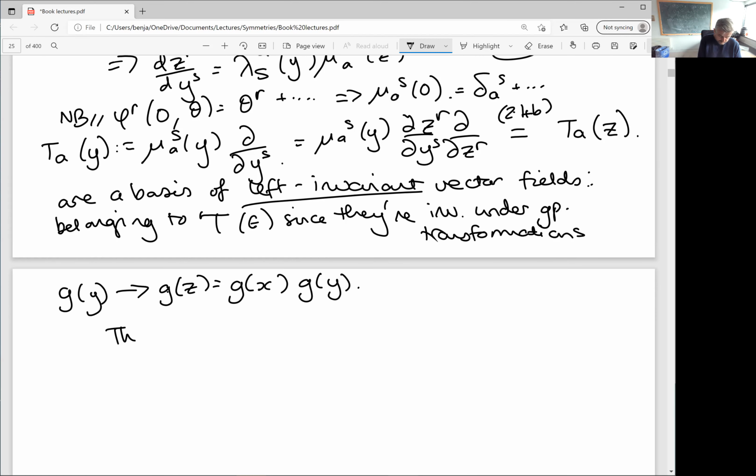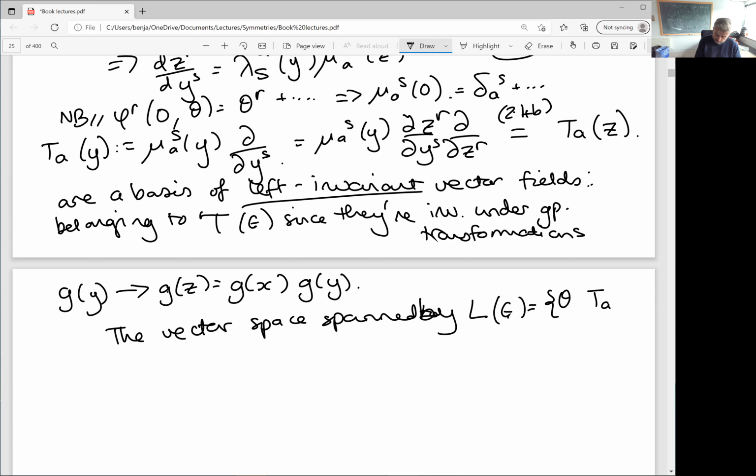So I'm going to make a statement now. We're going to prove it next time. I think I'm running out of time. So the vector space spanned by the Lie algebra, this is the set of X^a T_a, in other words, constant linear combinations of these T's.